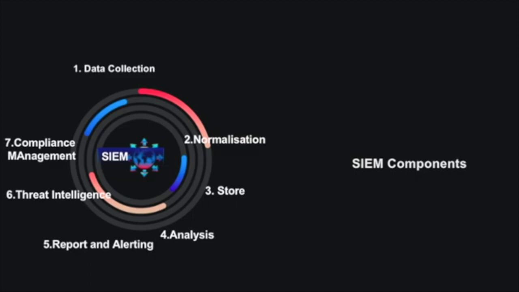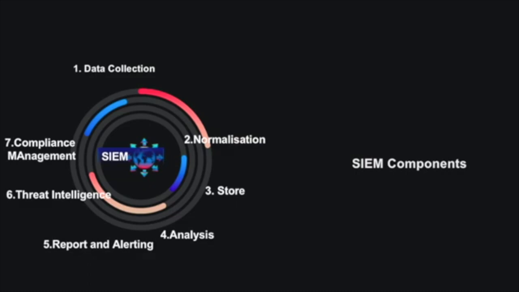The next topic will be reporting and alerting. A SIEM solution generates reports and alerts based on the analysis of collected security data. Reporting can provide insight into security trends, user activity, and potential security threats.